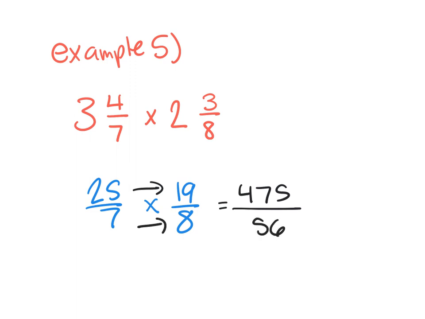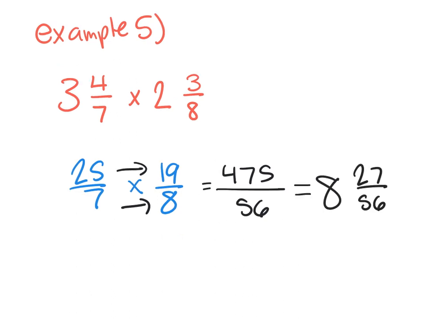So with this one I don't really see anything that can immediately go into both of these, so I'm going to go ahead and turn this into a mixed number, and once I turn it into a mixed number, I can see if there's anything that I can simplify. Whenever I turn my improper fraction into a mixed number, I see that I have 8 and 27 over 56. So I don't know any number that can go into both 27 and 56, so that means it is in its simplest form, so that is my final answer.